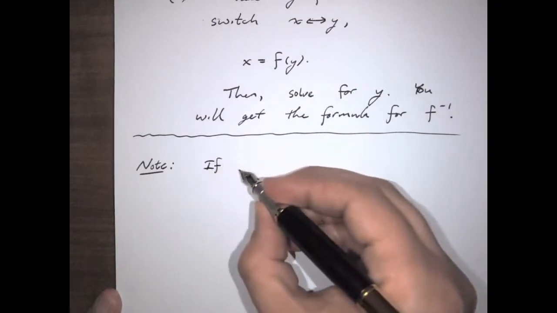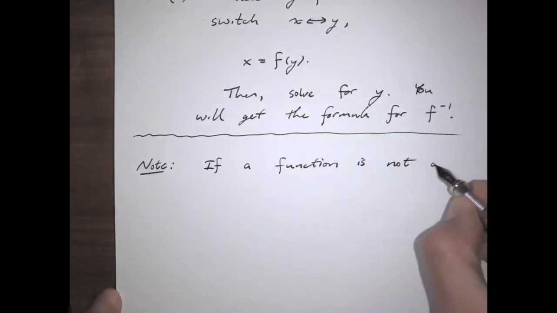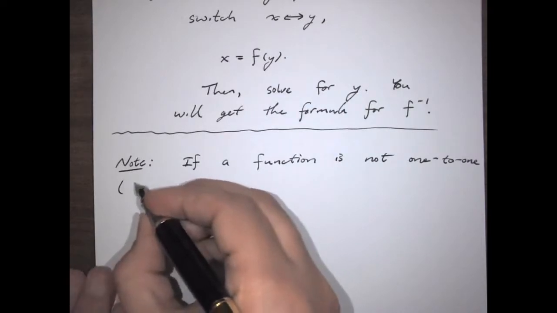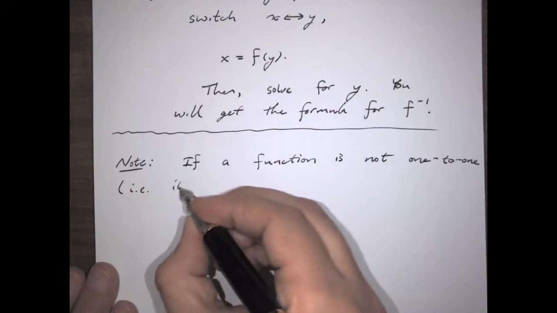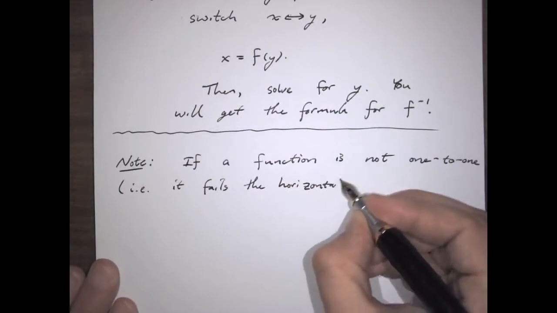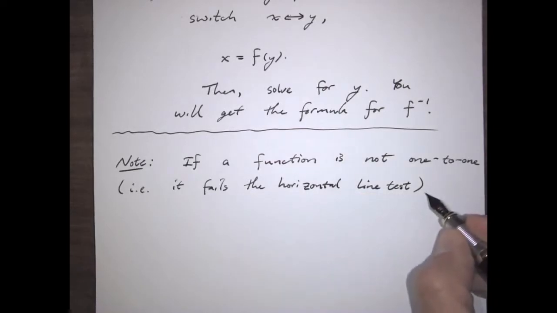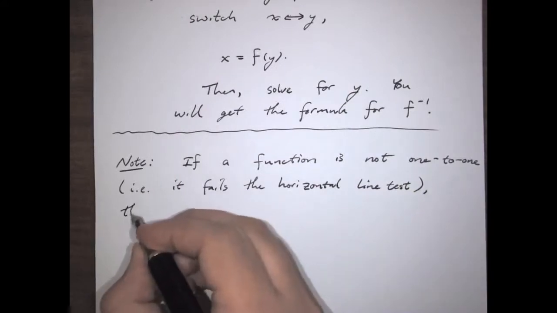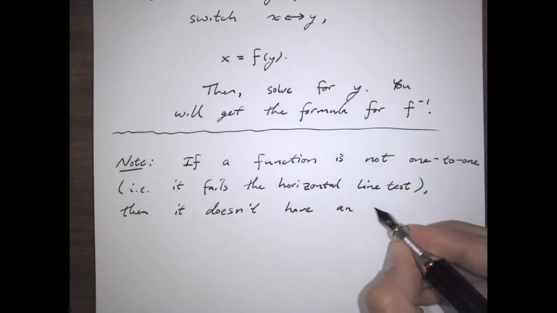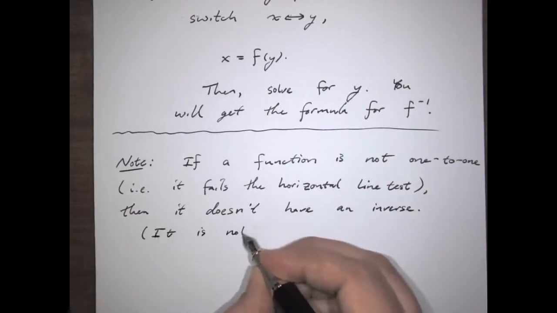If a function is not one-to-one, and what that means, you recall, is that it fails the horizontal line test, then it doesn't have an inverse. In other words, it is not invertible.